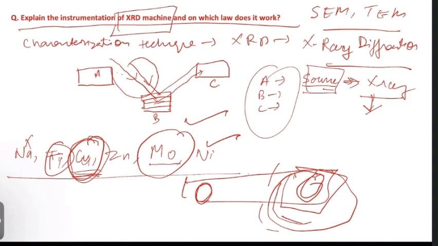But molybdenum is also used when we are dealing with a crystal structure which has much heavier atoms, like the heavier transition series, say praseodymium, lead. Since the scattering is very high in case of these heavy metals, that is why we use a molybdenum X-ray source. Now, coming back to copper, copper is used.